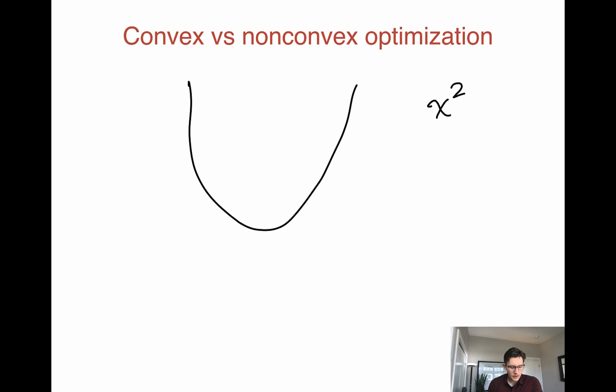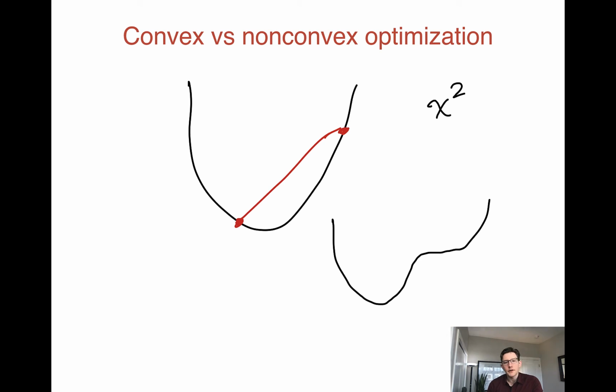Another informal definition of convexity is that the function is cup-shaped, and specifically, if you take any 2 points of the function and draw a line between them, that line lies above the function. So that also excludes functions that look something like this.